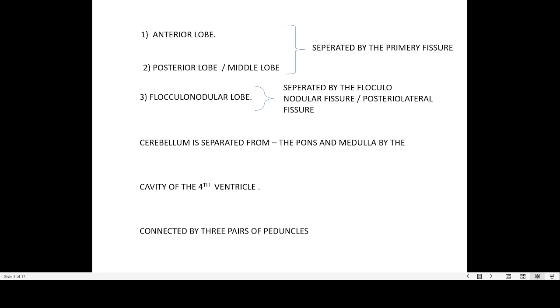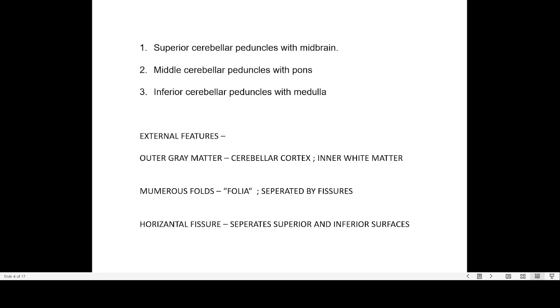So these three groups of nerve fibers lie between the cerebellum and the brain stem.